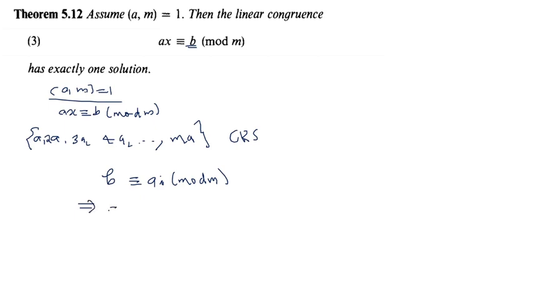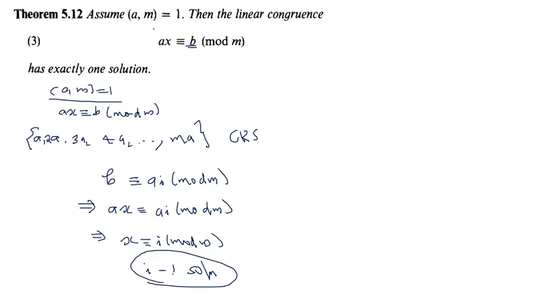Therefore, we can say that ax congruent to ai mod m. That implies x congruent to i mod m. That means i is the unique solution of the congruence ax congruent to b mod m. Hence the linear congruence ax congruent to b mod m has exactly one solution, and it is i, if the GCD of a and m is 1.